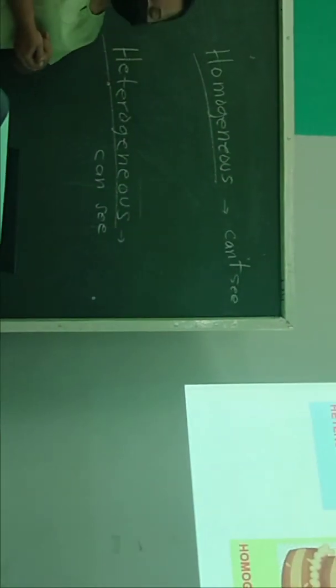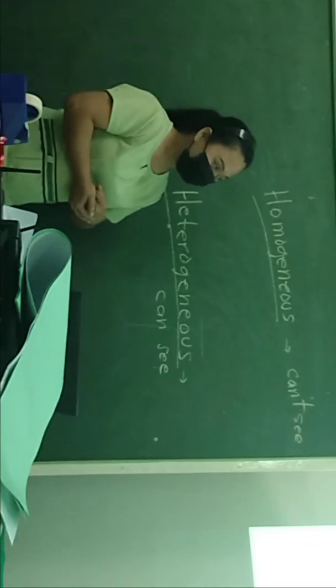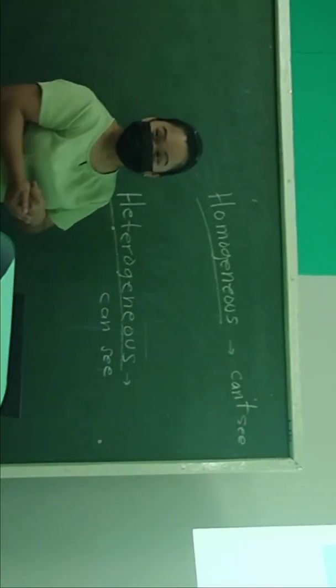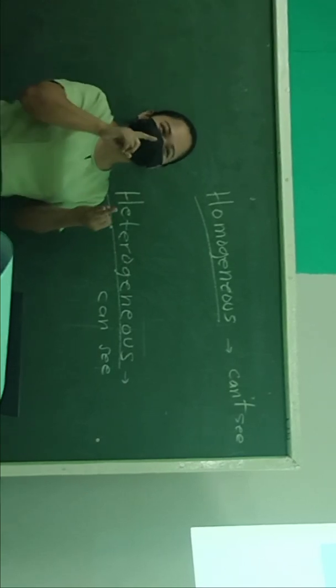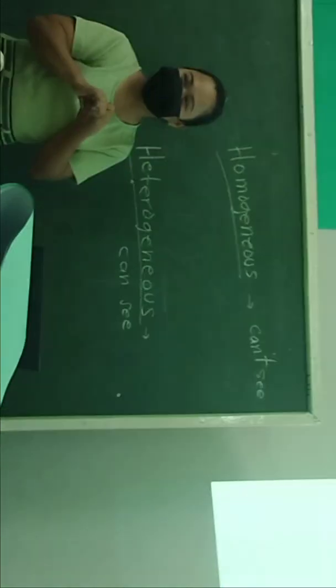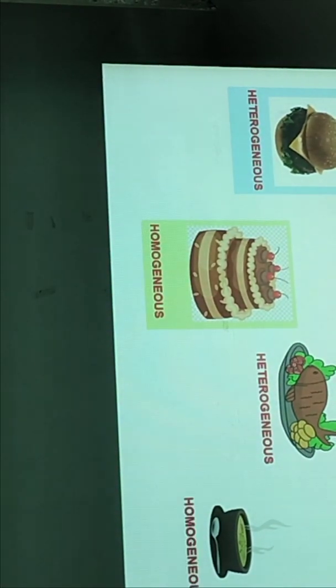What is that? Soup. Hetero or homogeneous? Some say hetero, but we cannot determine if the soup is homo. Even though it's macaroni, cream, or bird's nest, it's still homogeneous.